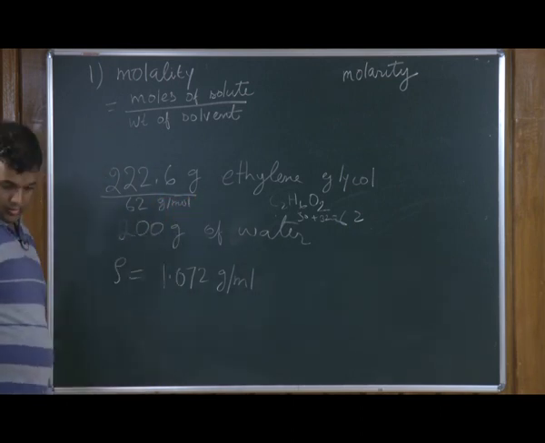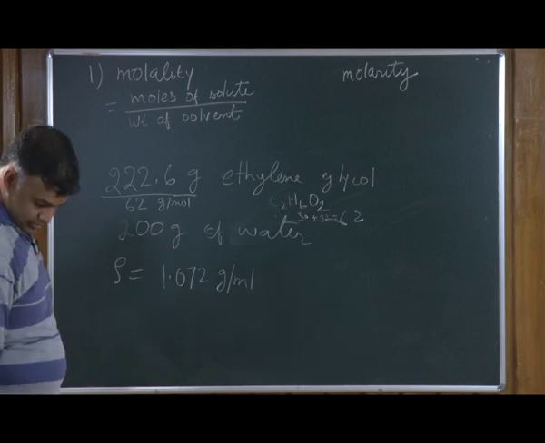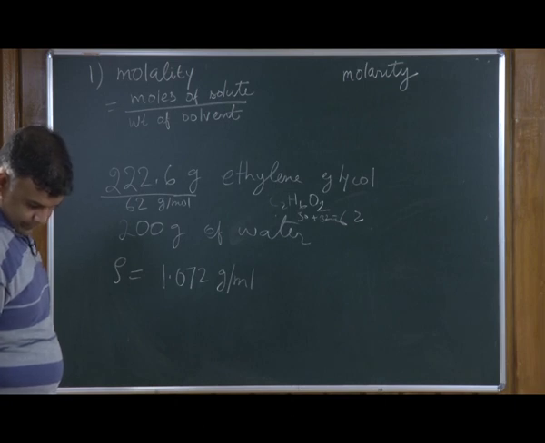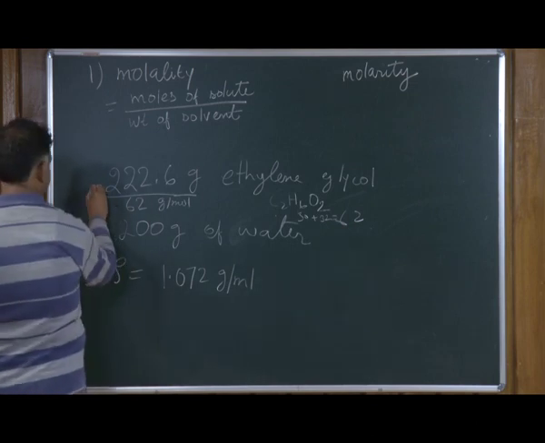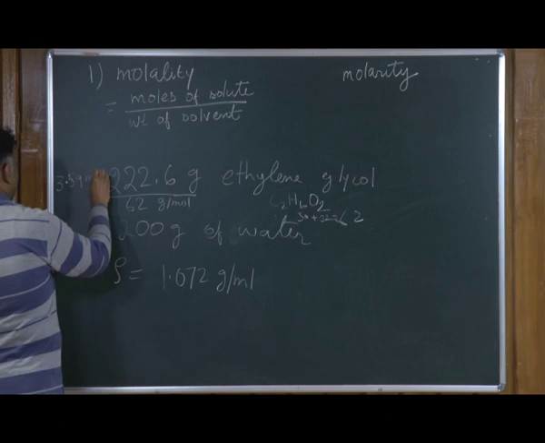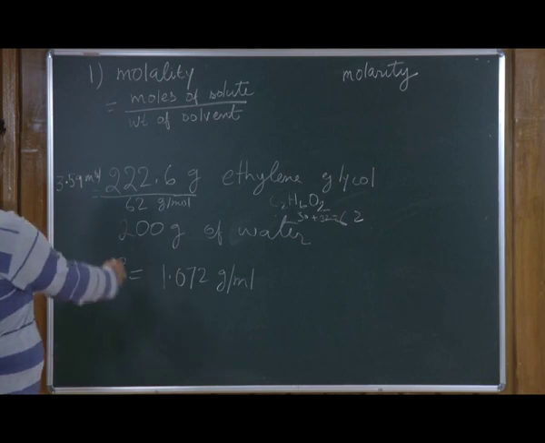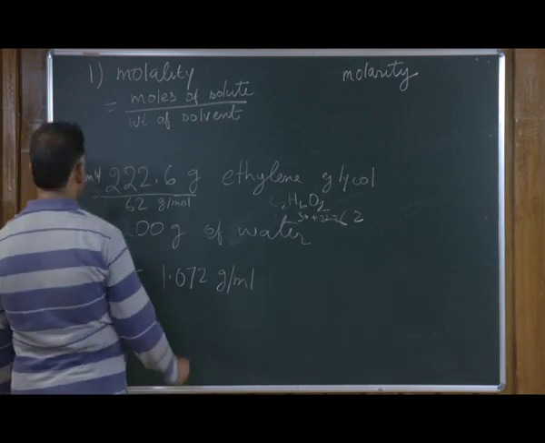Okay, let me calculate this. 222.6 divided by 62 is 3.59 mole. So, 3.59 moles of solute is present and the weight of solvent is given right there. So, this problem becomes straightforward.